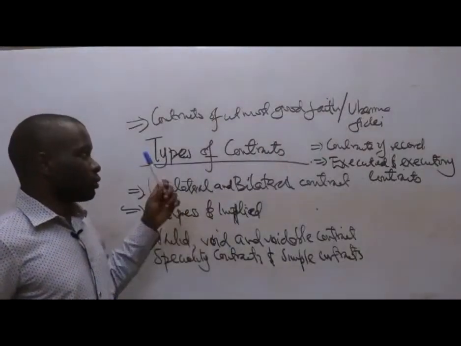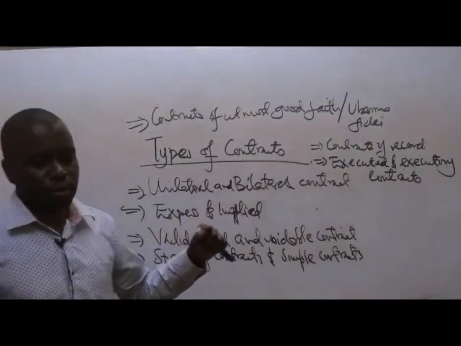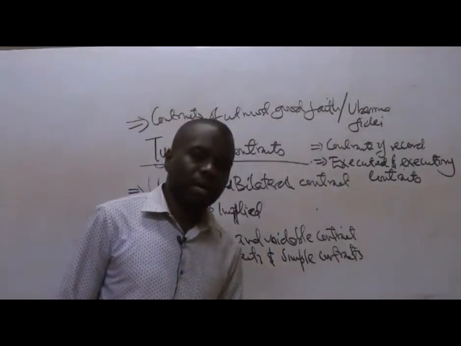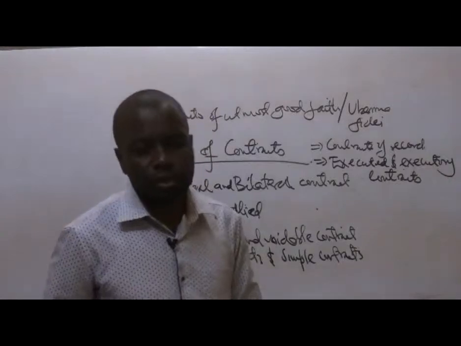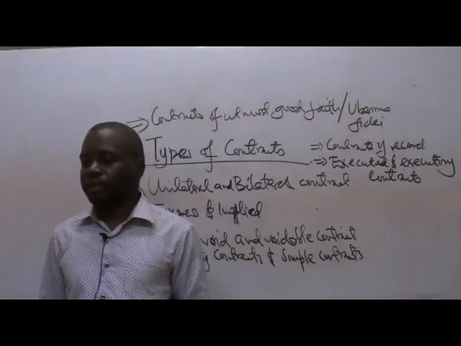Such a contract can be termed a contract of utmost good faith, like a contract of insurance. You as the insured party, when they ask about the medical history, are supposed to give information which is true or factual.